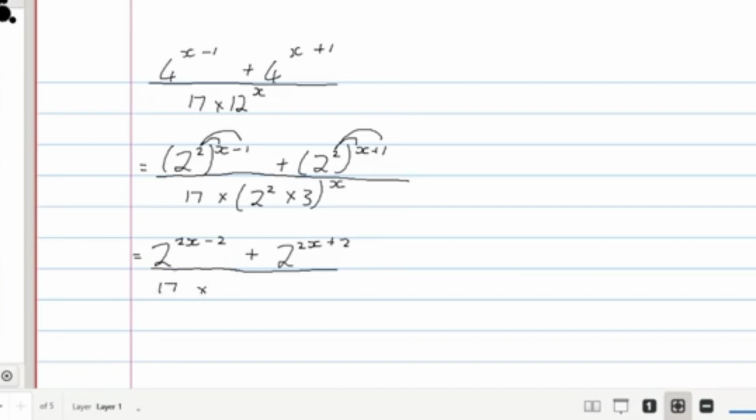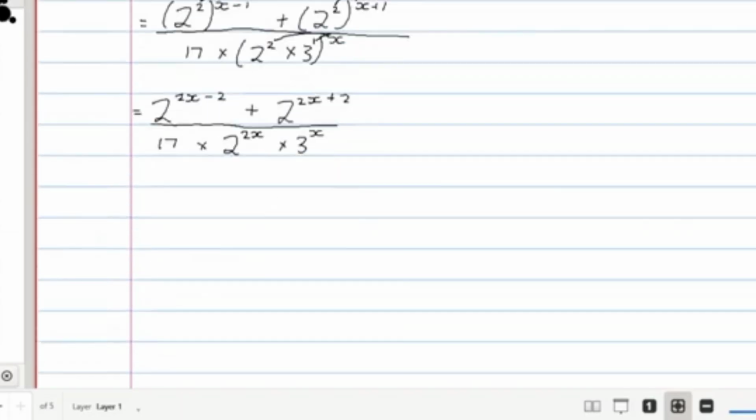When you first multiply the first 2 and then x for the first number, and for 3 it is raised by 1, so 1 times x is 3 to the power x. So that power multiplies both 2 to the power 2 and 3. Let's move on. So now let's try to separate what we have.